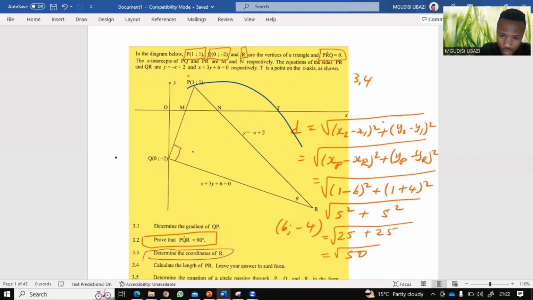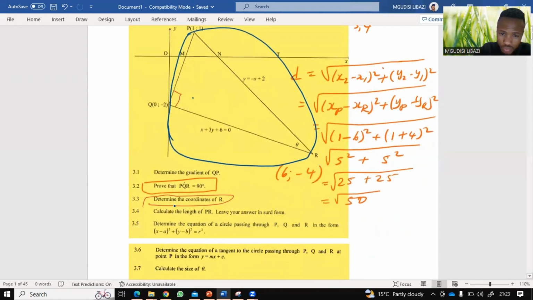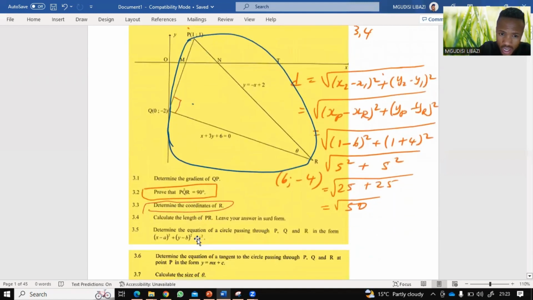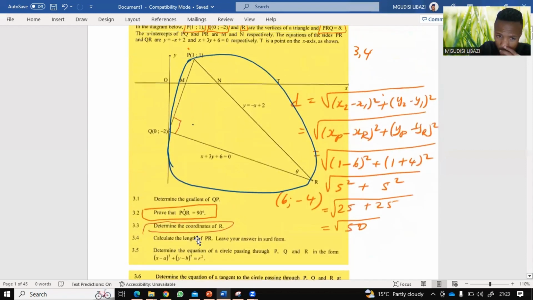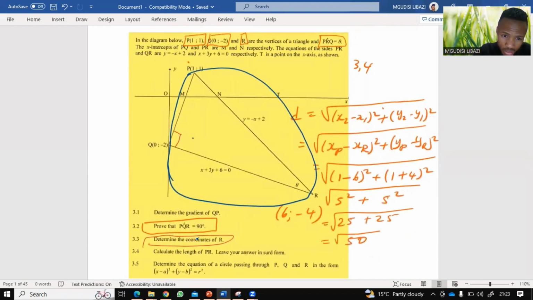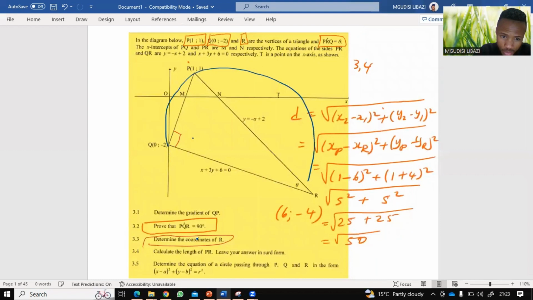To find that equation, we know that if this circle is passing through these points like this, we're going to need the diameter. Let me try to draw that better. So we're going to have a circle there. This is a circle that is passing through these 3 coordinates. So now this line here, which is PR, will act as a diameter of the circle.